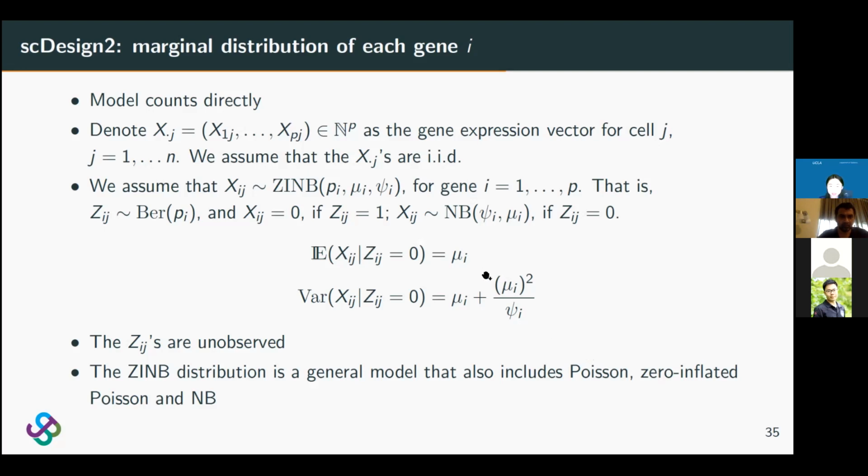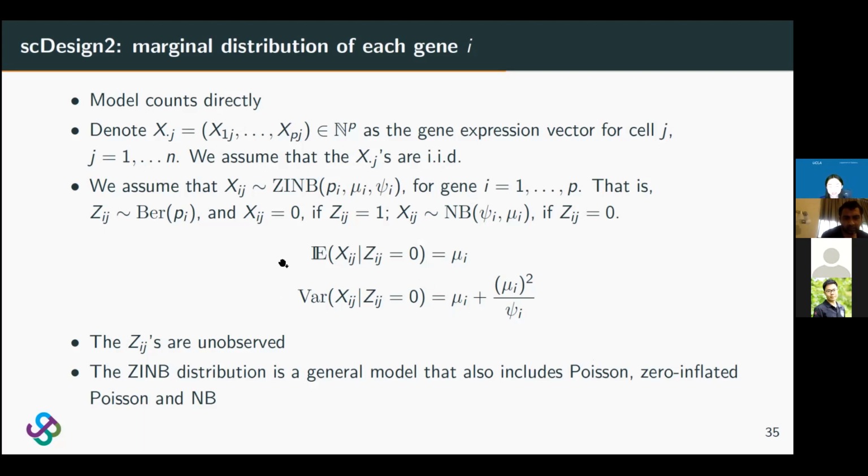If we set the dispersion ψ_i to infinity, this model reduces to zero-inflated Poisson. If we set π_i equal to 1, it becomes NB. And if we set π_i equal to 1 and ψ_i equal to infinity, we reduce it to Poisson. So this is the general model that includes all four cases.